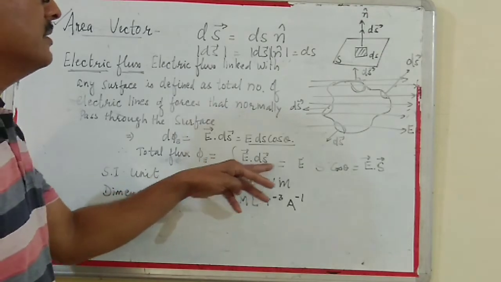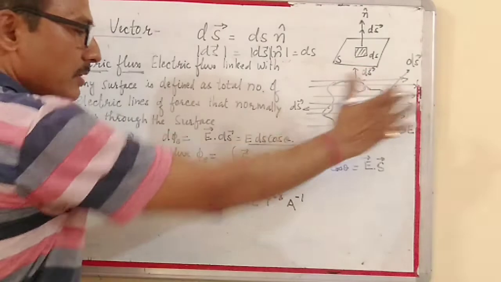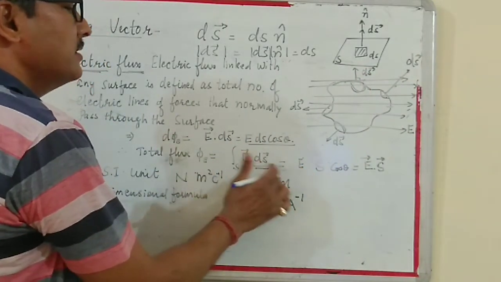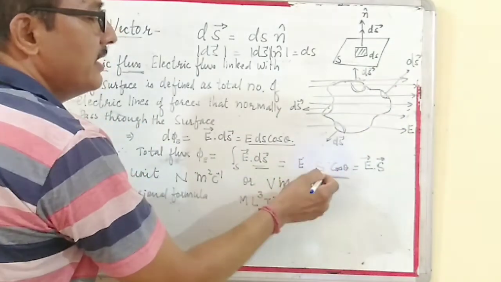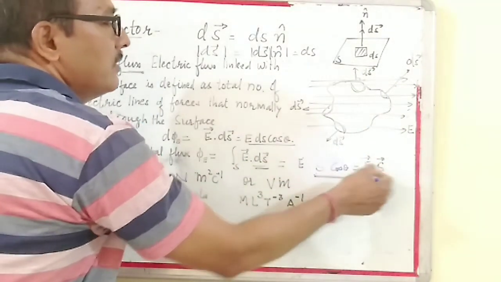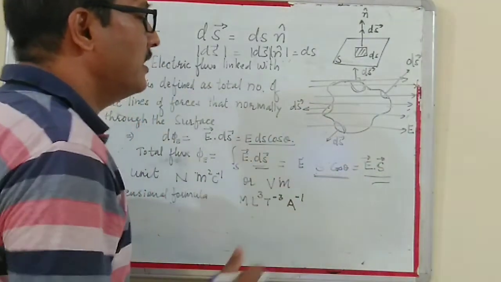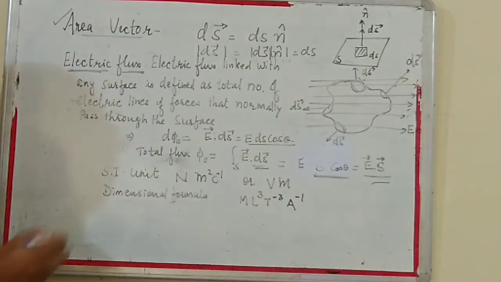The electric field is uniform, so its magnitude is E, and the surface integral of ds gives the total surface area times cos theta. By the definition of the scalar product of vectors, it is E dot S.